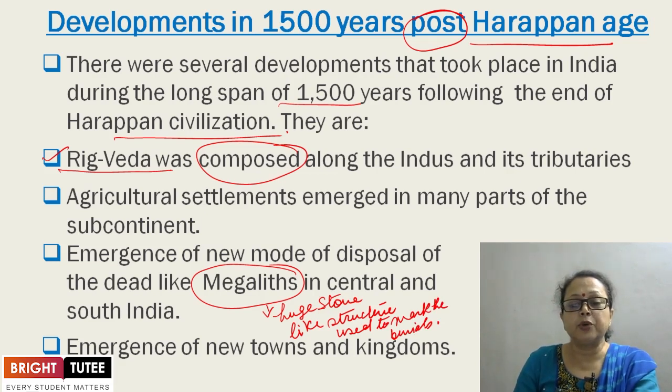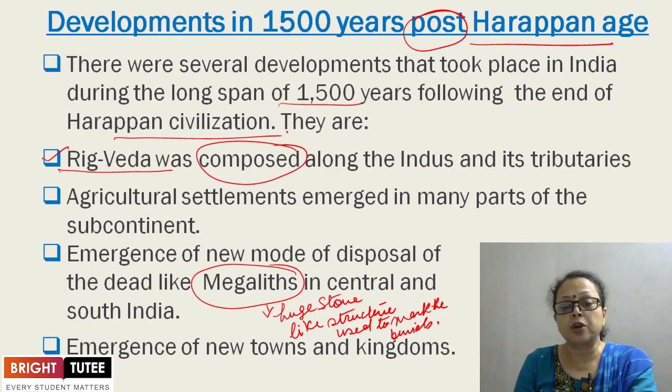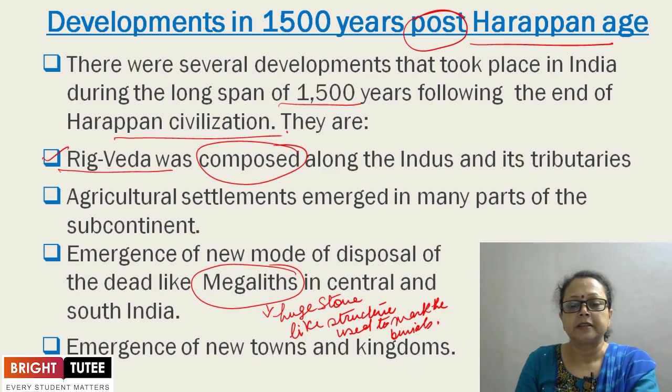This is a new development which archaeologists found in how they disposed of their dead bodies. They had to put up one megalith over there so anyone can understand some bodies remain inside. So this is a new thing which has developed during this period.